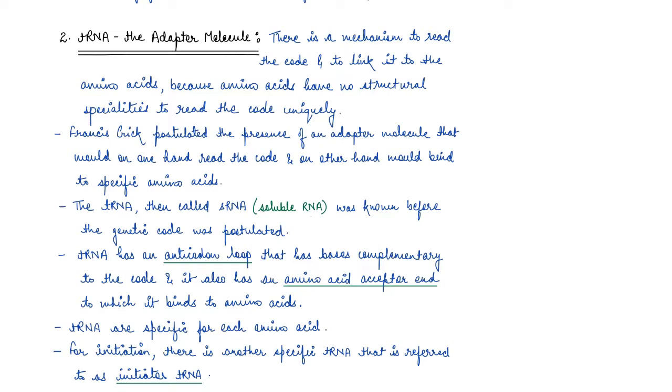So basically there should be a mechanism to read the code as well as to link it to the amino acids, because amino acids themselves have no structural specialities to read these codes, right? So what is exactly reading the code then, right? So he postulated that there is the presence of an adapter molecule, right? Now this adapter molecule, so basically he said that there is an adapter molecule.